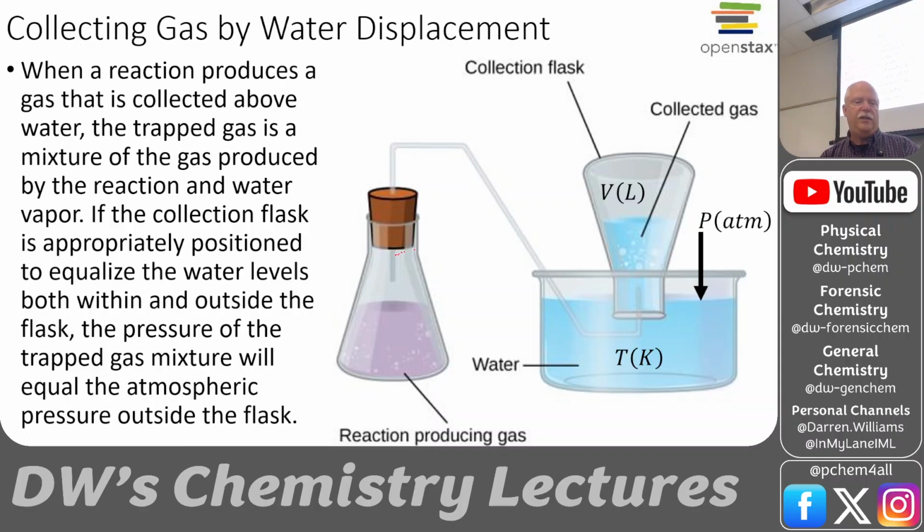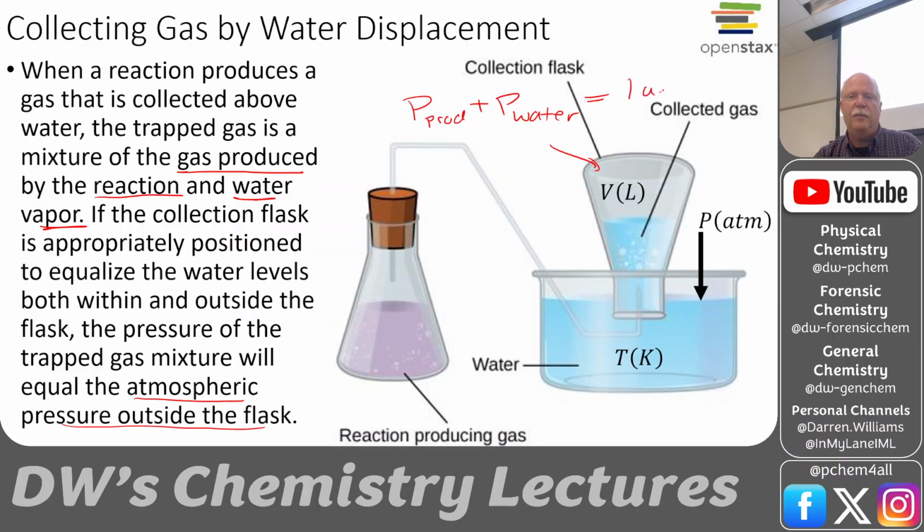And the thing that's interesting is that the pressure of the trapped gas mixture will equal the atmospheric pressure outside the flask. But it's a mixture of gas inside. So it has the gas produced by the reaction and water vapor. So in here we have P products plus P water is equal to atmospheric pressure.